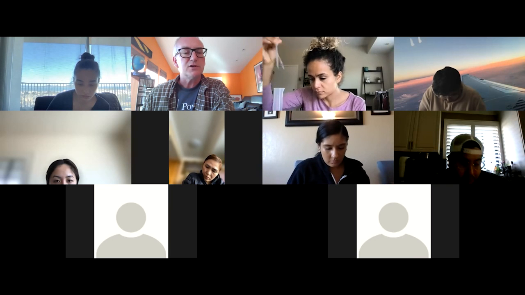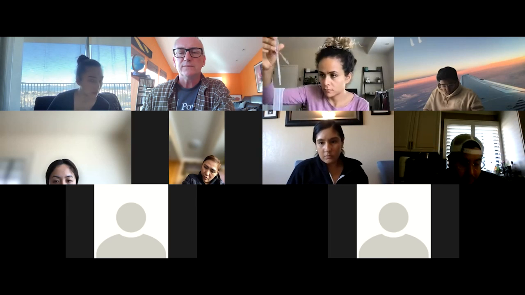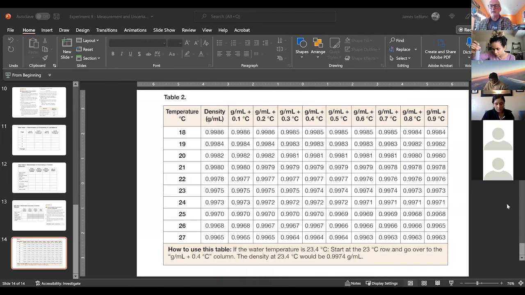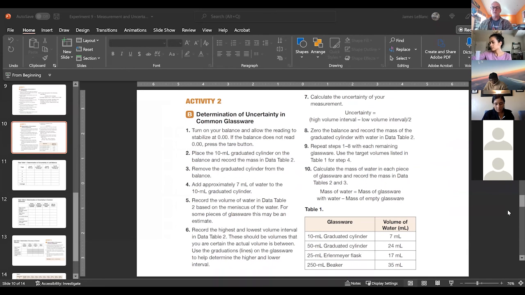Do I have the instructions open? Yeah, here they are. 7 mils for the 10 mil cylinder, 24 for the 50, 17 for the flask, and 35 for the beaker.